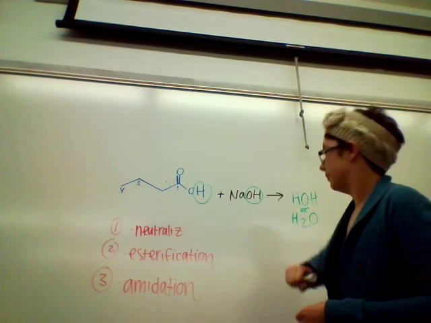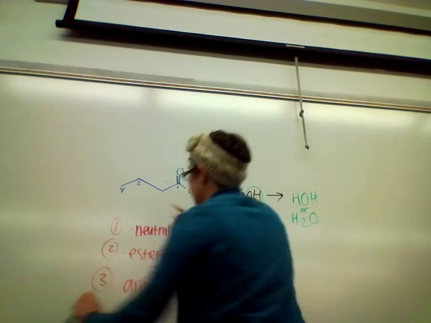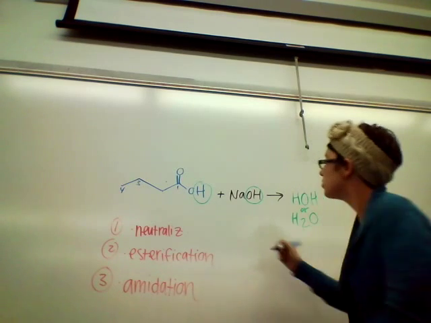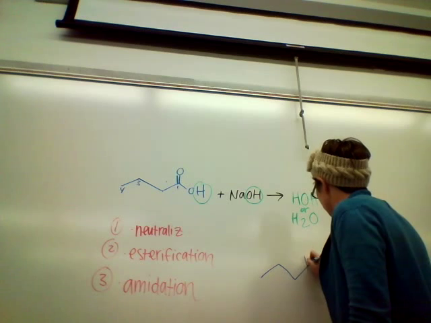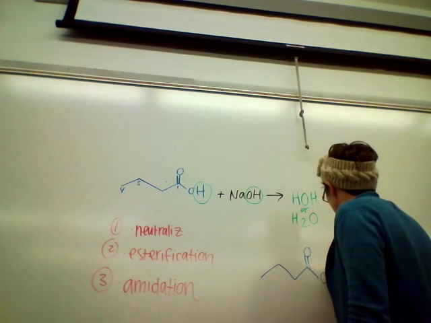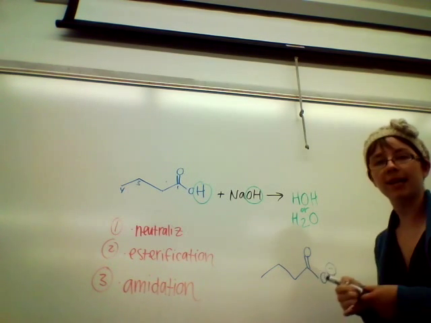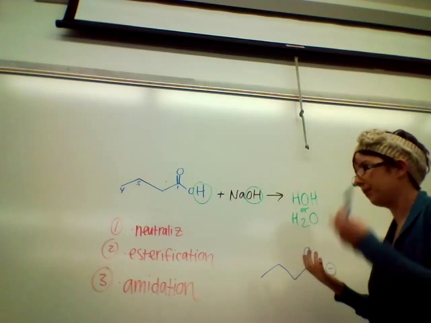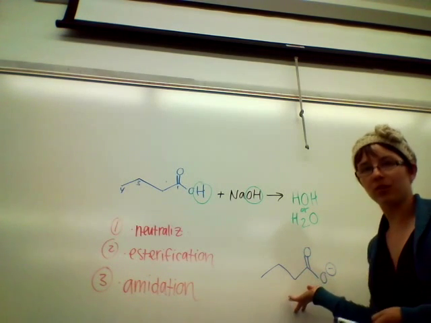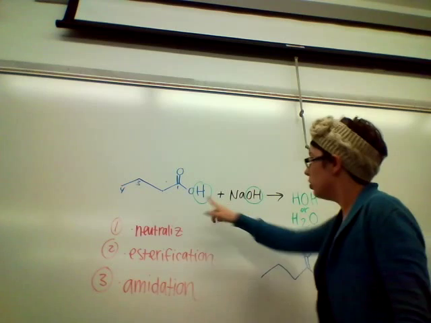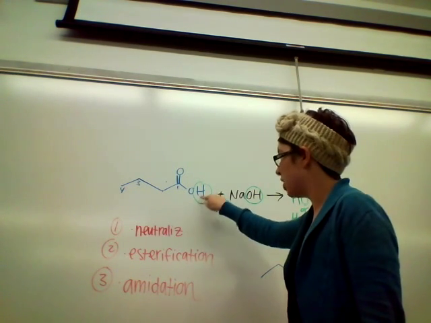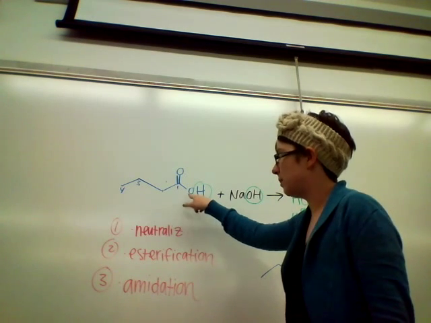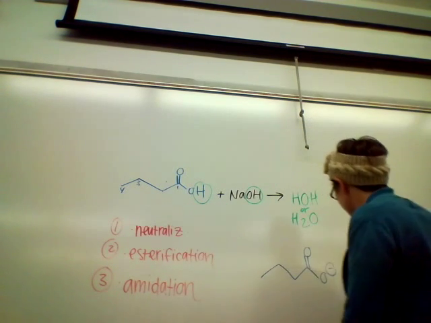And what's left over? Well, we're still going to draw what we have over here, just without the H on it. And it's going to be negatively charged. It's going to have a negative charge now because you essentially took away an H+. So if you take away an H+, there has to be O- left over.